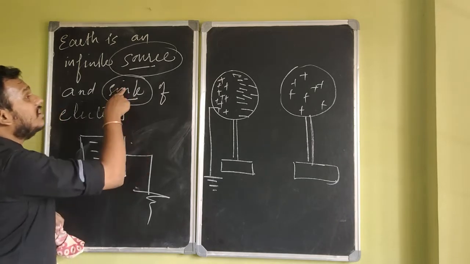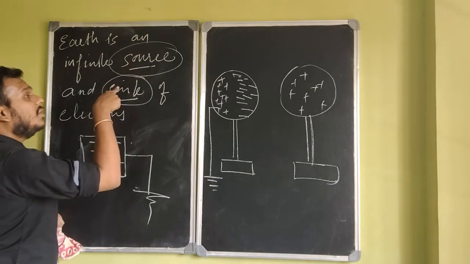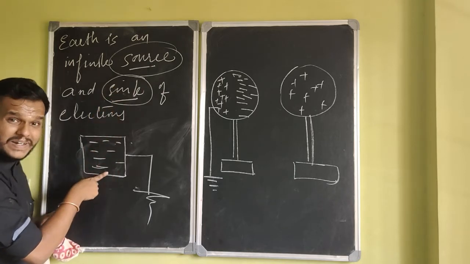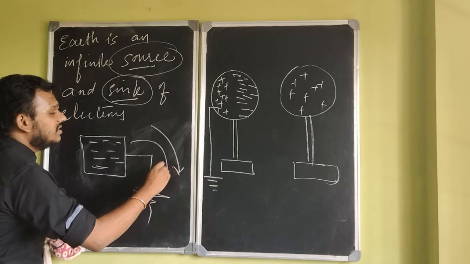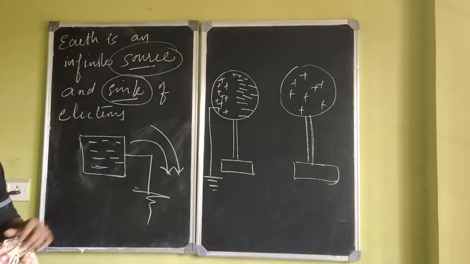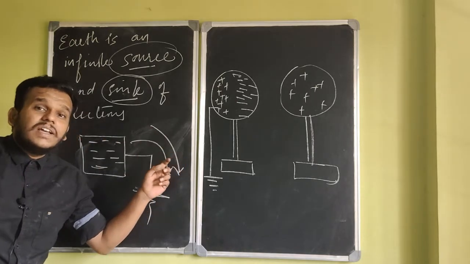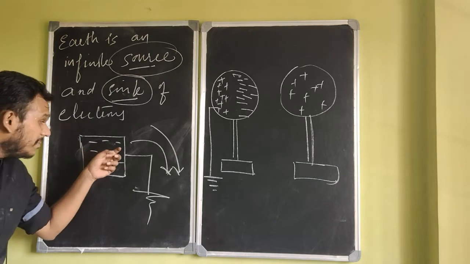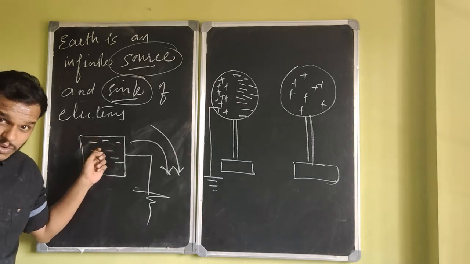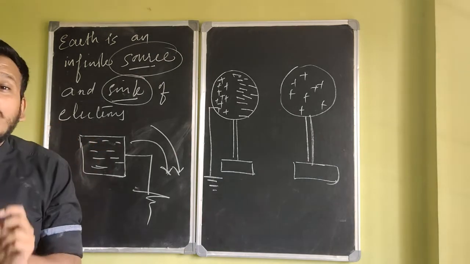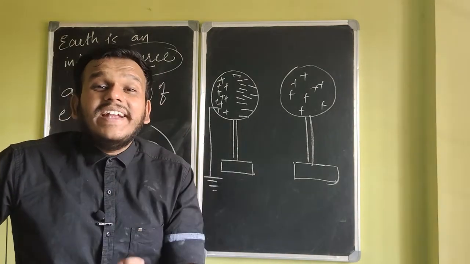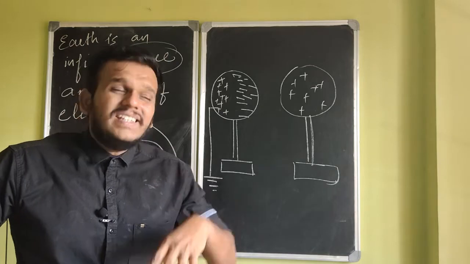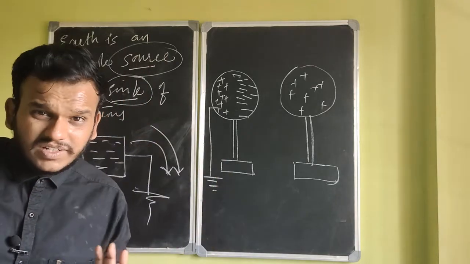Since Earth is not only the source of electrons but is also a sink of electrons, all the extra electrons will start moving towards Earth, making the number of electrons equal to the number of protons, right? So the job of Earth is only this, that it will eventually end up neutralizing the material. Actually it's more than that, but for now this much is enough.